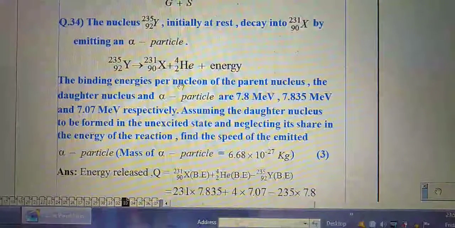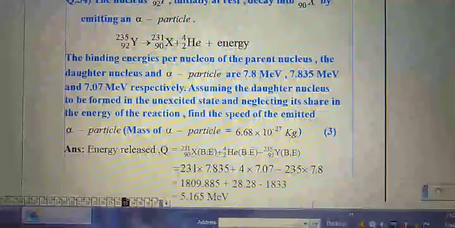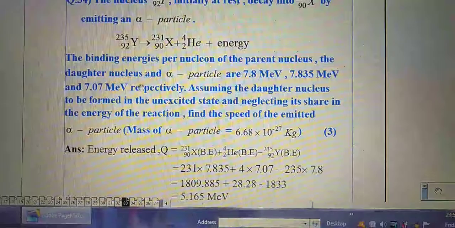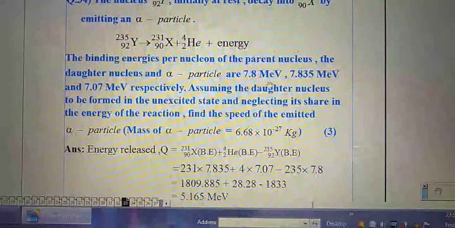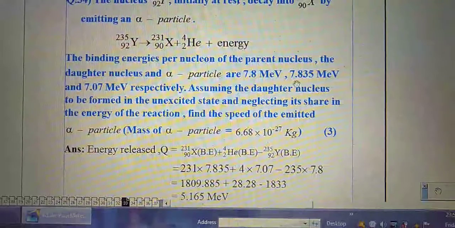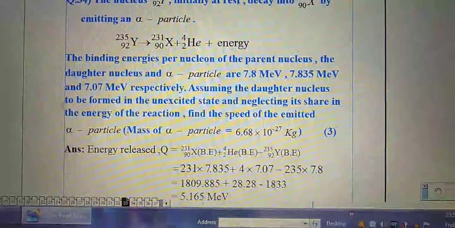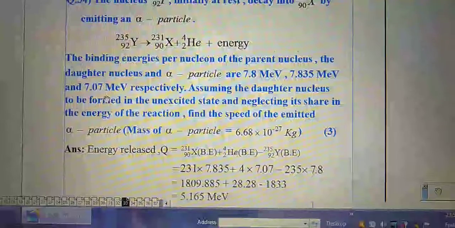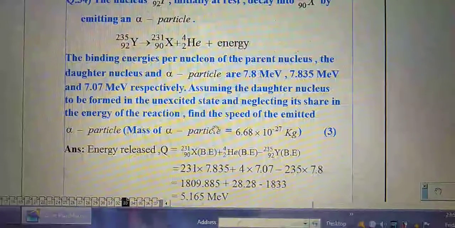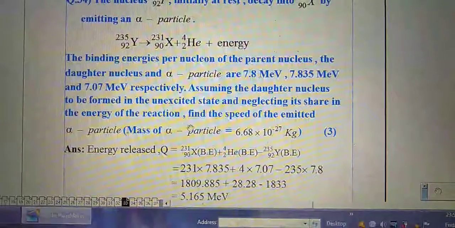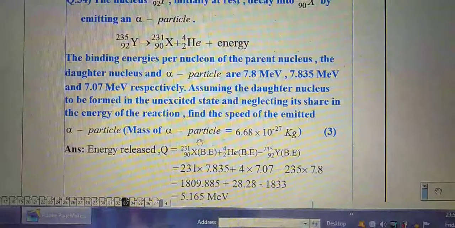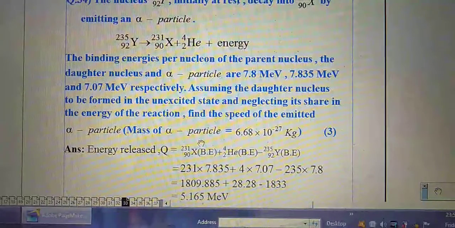The binding energy per nucleon of the parent nucleus, the daughter nucleus and the alpha particle are given as 7.8 mega electron volt, 7.835 mega electron volt and 7.07 mega electron volt respectively. Assume the daughter nucleus to be formed in the unexcited state, neglecting its share in the energy of the reaction. Find the speed of the emitted alpha particle.